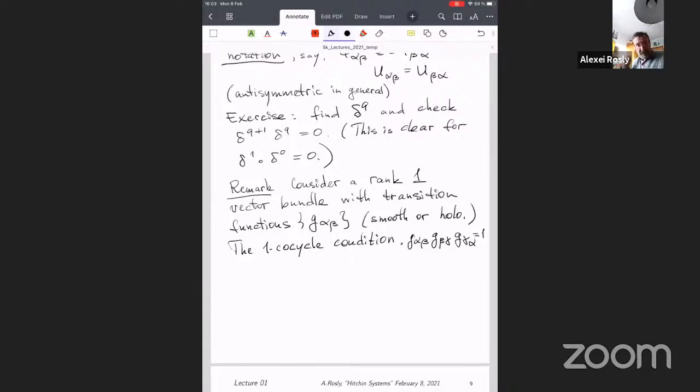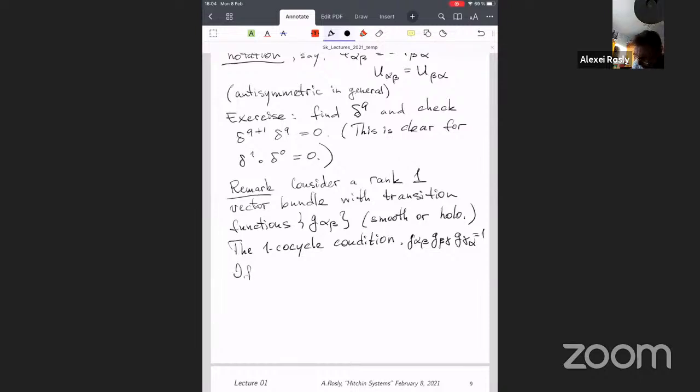If we pass to the logarithm, it will become the Czech additive Czech chain cocycle condition.